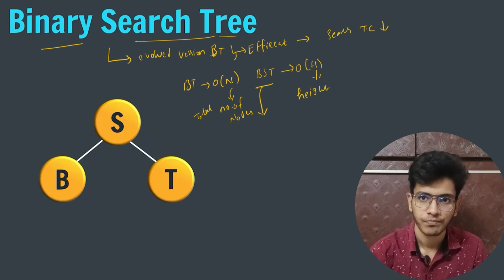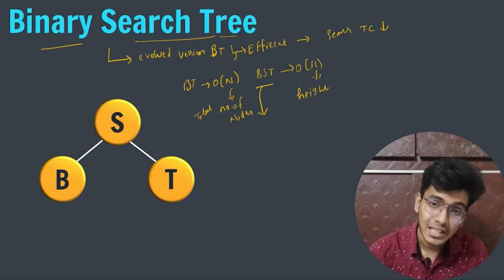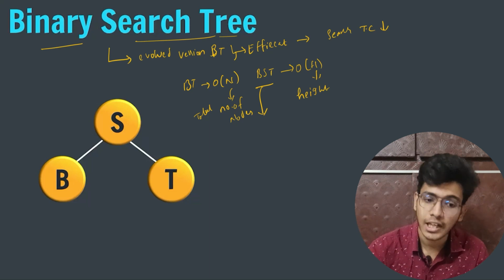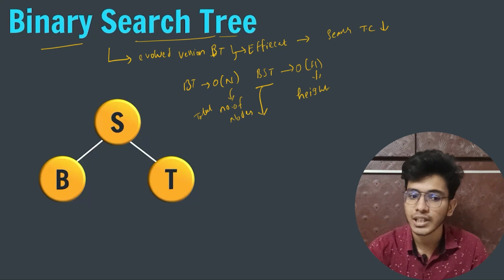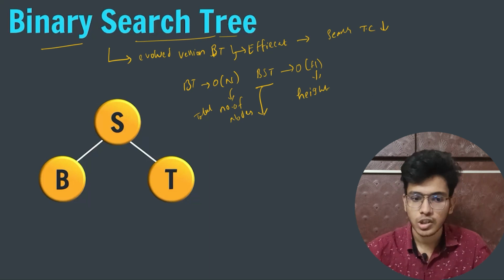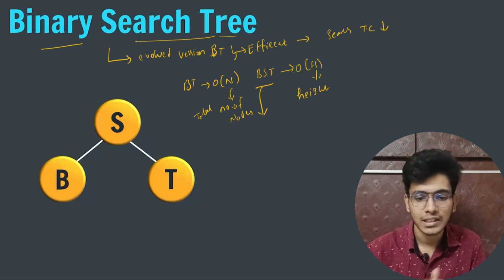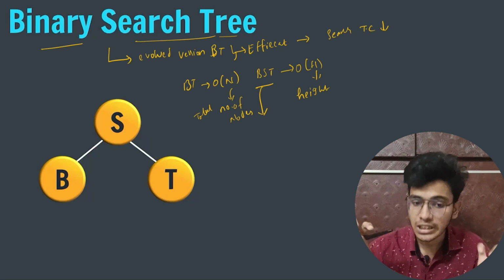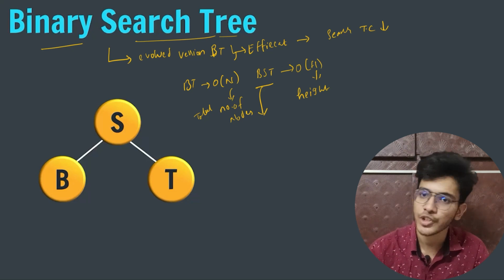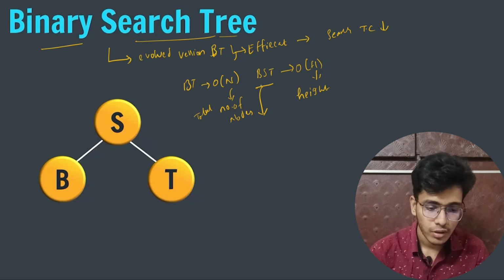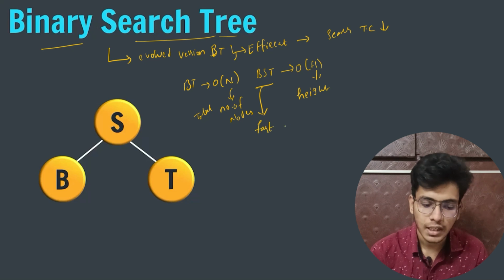For that scenario, we will use a binary search tree, because for a hierarchical data structure where we are performing searching again and again, we know that the time complexity of BST is much more efficient when compared to a general binary tree. So I will use it for fast lookup.